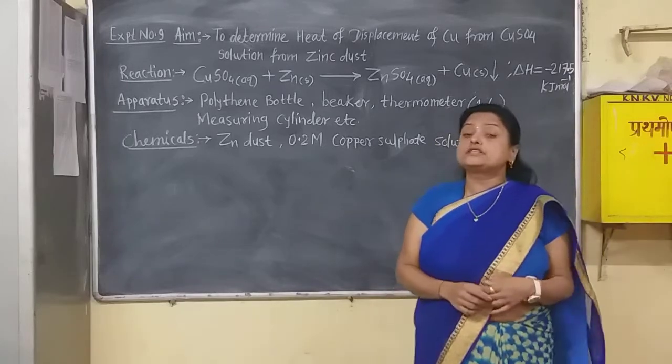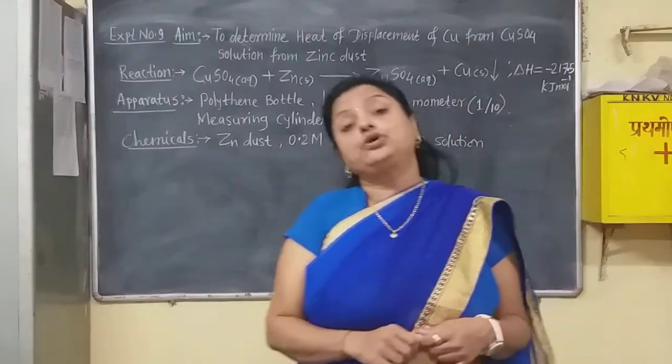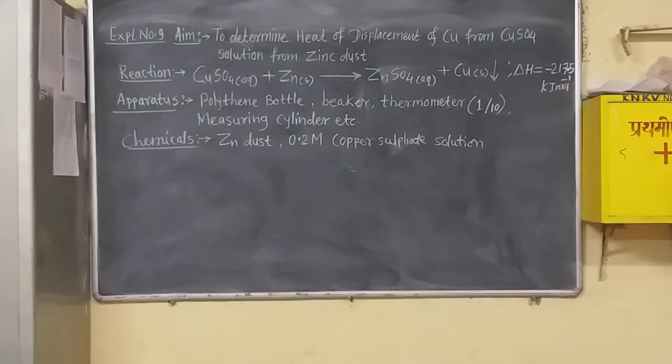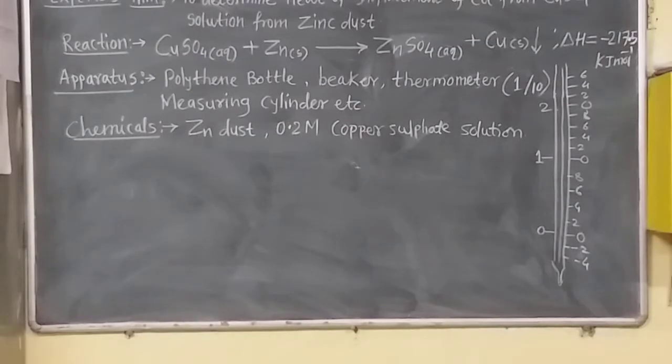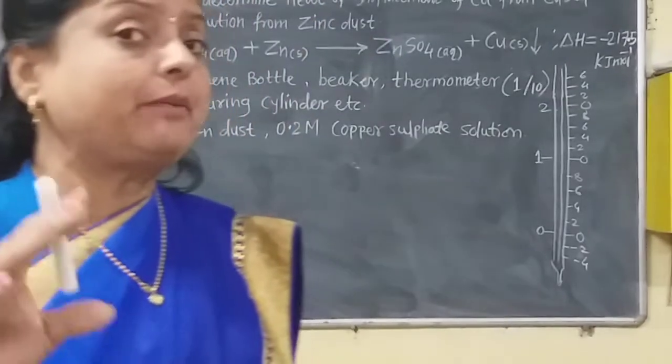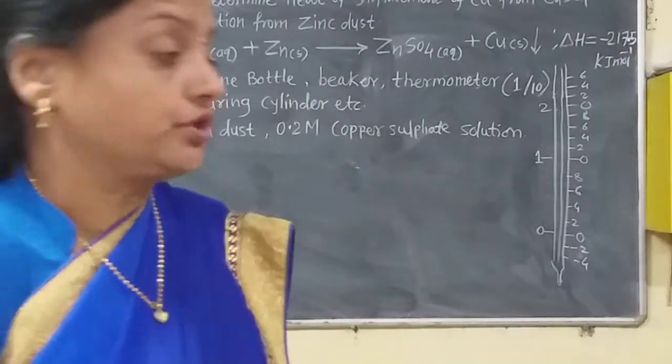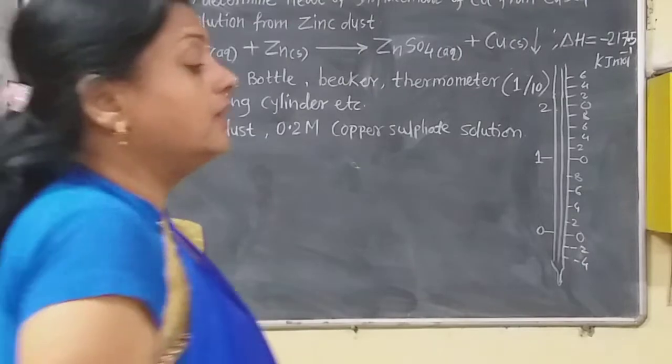Now, how is the procedure and how do we conduct this practical? Let us learn how we conduct it. See which type of thermometer is required to measure the initial temperature of the copper sulfate solution and the final temperature after adding the zinc dust into it. First, let us learn the thermometer.